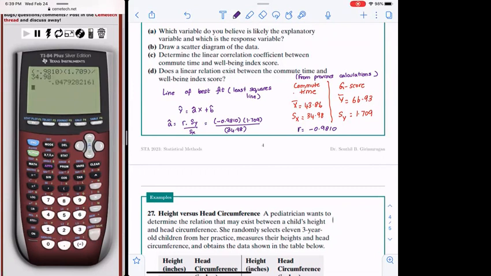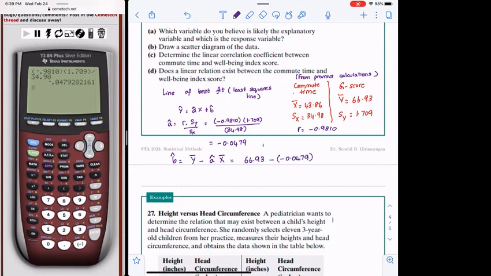And that gives us a value of negative 0.0479. The value of B hat is simply Y bar minus A hat times X bar. So we have 66.93 minus 0.0479.